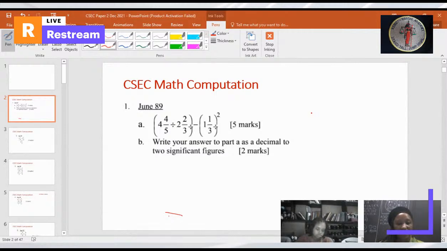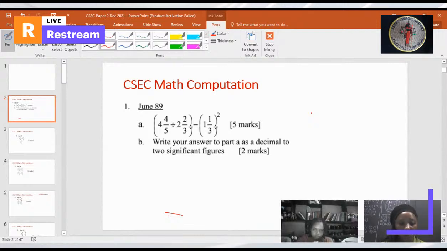All right. So we have, in brackets, 4 and 4/5 divided by 2 and 2/3, minus 1 and 1/3 squared. And this is worth 5 marks. That's part A. And part B says, write your answer to part A as a decimal to 2 significant figures.